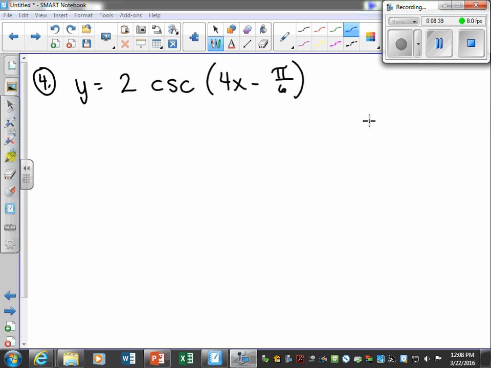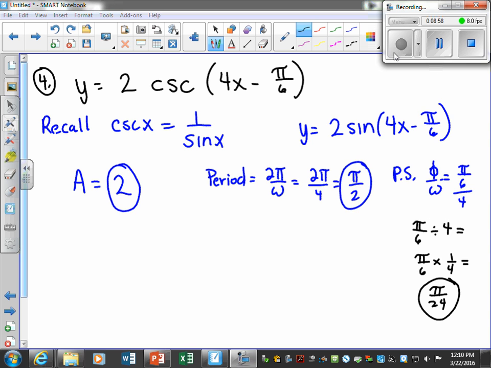Okay, here's going to be our next example, but we're going to heavily use our information for graphing y equals sine of x since it's the reciprocal of this one. So we're not going to work out the whole xy table. We're just going to give you the basic information that you're going to need to get a rough sketch of this. Okay, so I'm just going to rewrite this as a sine graph function.